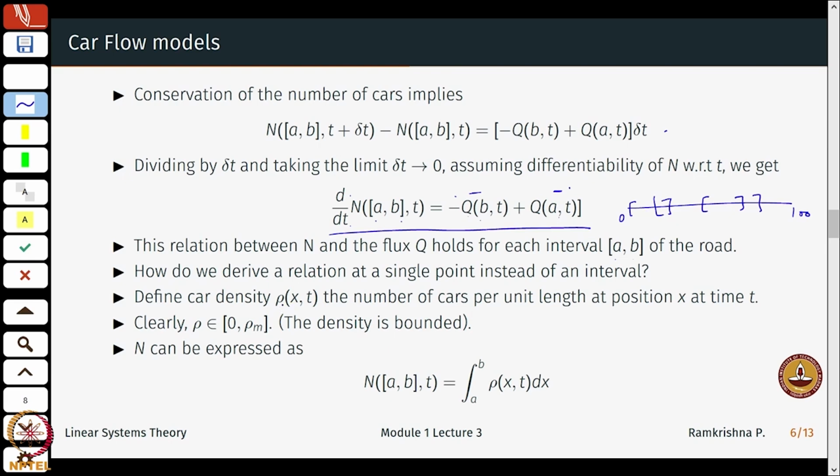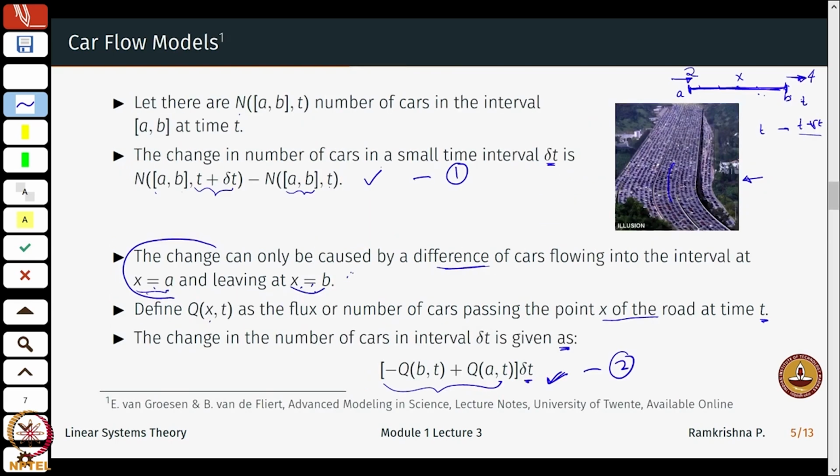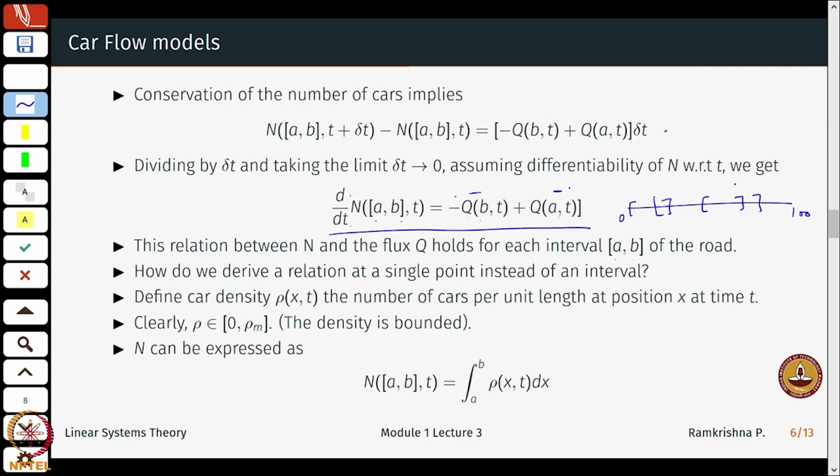So, given a scenario like this, I can always define the car density, the number of cars per unit length at position x and time t. Physics teaches us about density, and what I know from physics would be that I cannot have an infinite amount of cars per unit length, right.